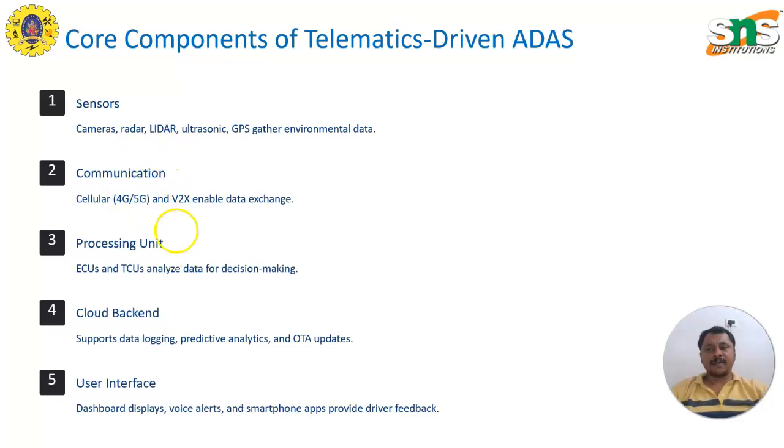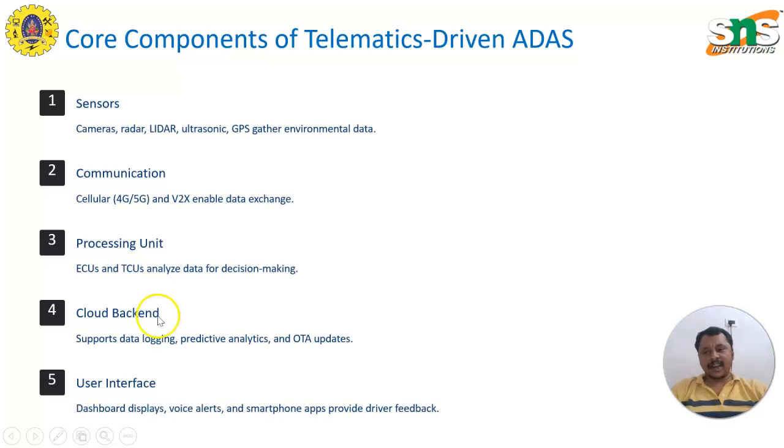This communication may be over 4G or 5G, which enables the vehicle to communicate vehicle to vehicle, vehicle to infrastructure or vehicle to roadside, through data exchange via a cloud-based server. And the processing unit here is the ECU and TCU. We already know ECU stands for electronic control unit, whereas TCU stands for telematics control unit. They analyze data for decision making.